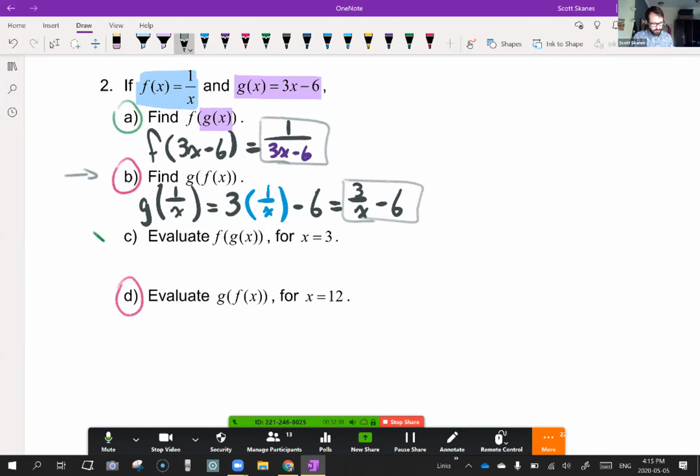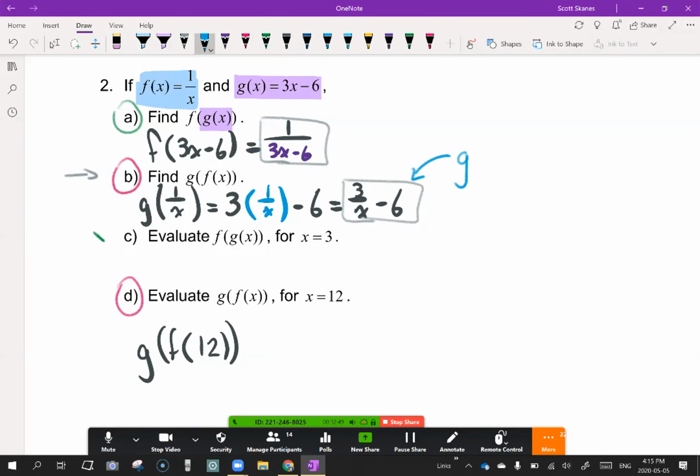Let's finish this question. C was done on the video, I won't do it now. Evaluate g of f of x for x equals 12. So g of f when x is 12. Notice we have that function. This is g of f of x.